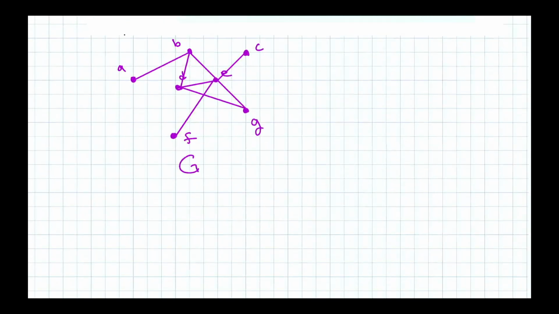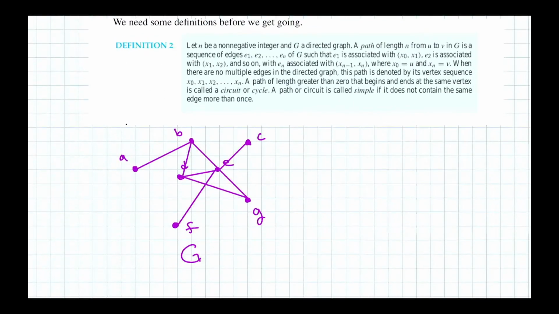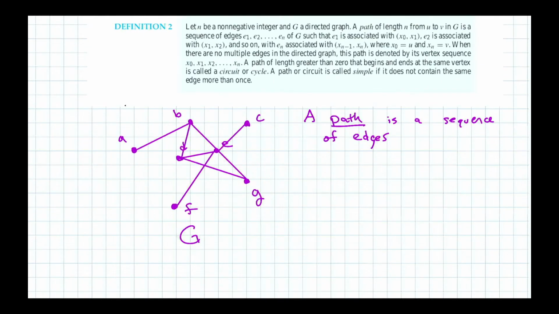Okay. So basically, what a path is: it says up here a path is a sequence of edges, basically going from one vertex to another vertex.